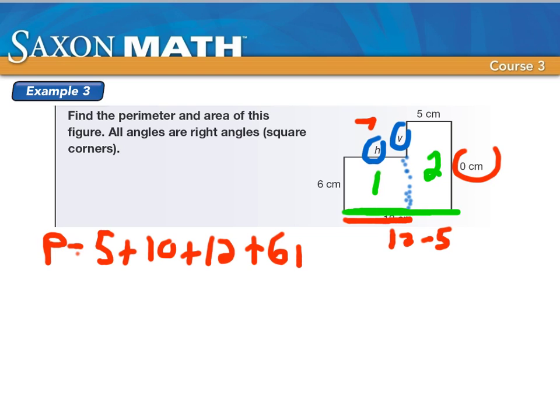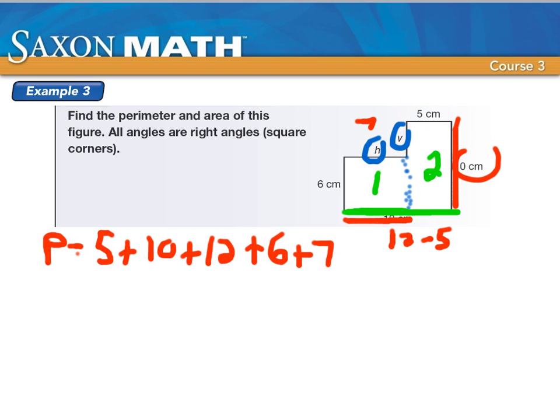Okay, so we're going to add 7. And then I need to find v. I'm going to solve for v the same way. Okay, I know that this whole length right here is 10. Okay, that whole one right there is 10. Well, I'm only looking for this little piece.